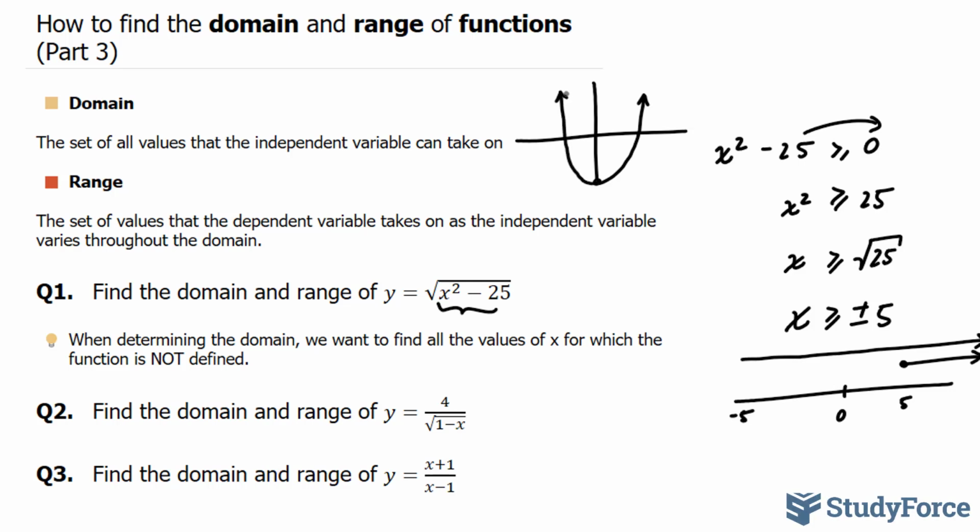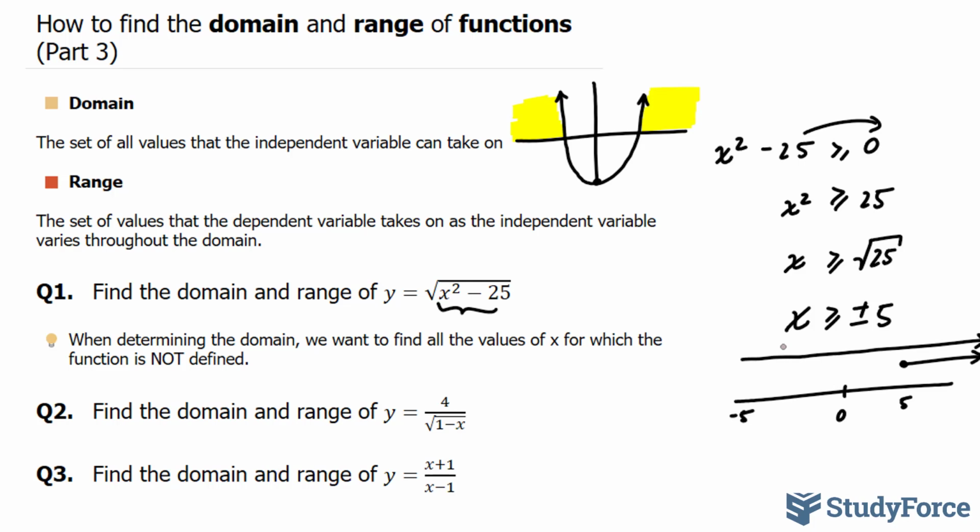Now we have to find x values for when y, this part, is greater than 0 or equal to 0. And the only time that happens is from here onwards and from here onwards to the right. So you have to be cautious of this when it comes to solving for x.